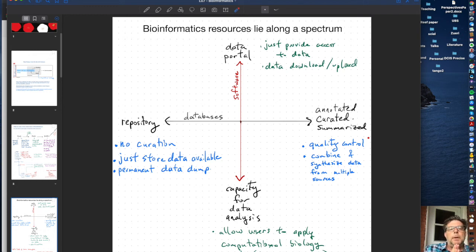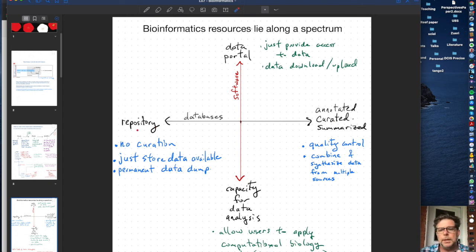But I would say that bioinformatics resources lie along this two-dimensional spectrum. On the one hand, you have entities, databases, and they range from being repositories to very highly curated resources. By repository, I mean that there's very little curation.